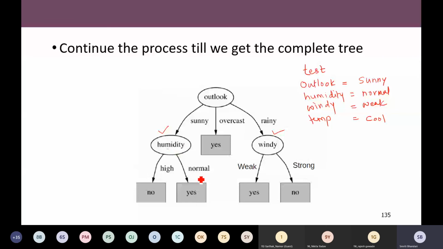The humidity value for the test sample is normal, so I'll pick this branch, which leads me to the leaf node with the class label yes. So if Outlook is sunny and humidity is normal, then I can play tennis. My prediction would be yes. This is how we are going to make use of this decision tree.